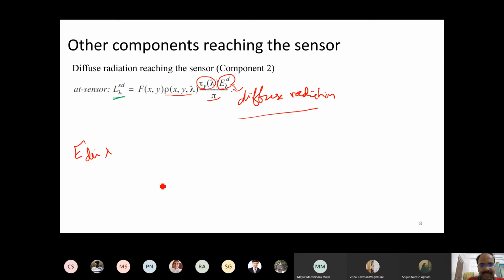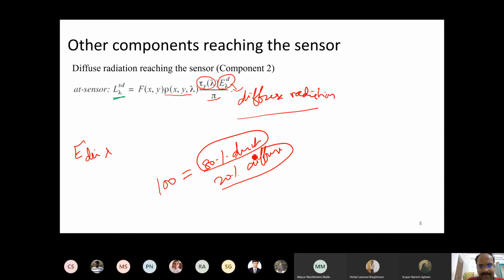If the total energy received is say 100 units, maybe 80% is direct and 20% is diffuse. So in the first part, you have to use this 80%, what is coming as direct, whereas in the second part, we have to use this 20%. That's the major difference. Maybe you can just leave this F part, not necessarily needed now.